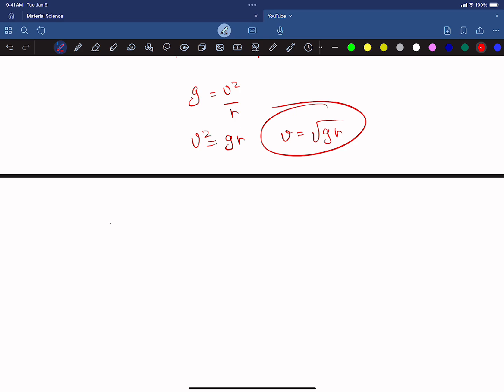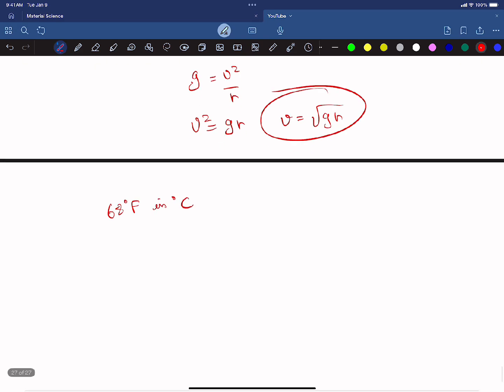So the next question says express 68 Fahrenheit in Celsius. So you just need to convert this into Celsius.